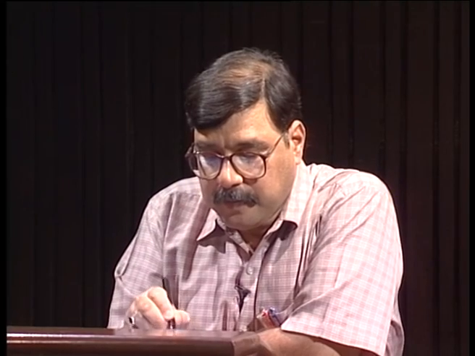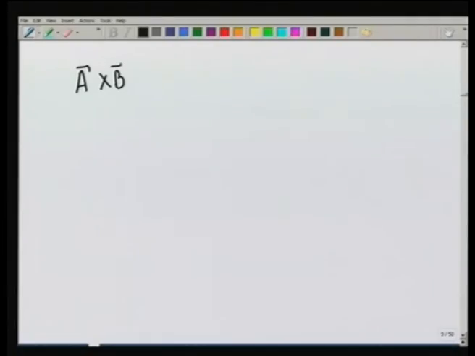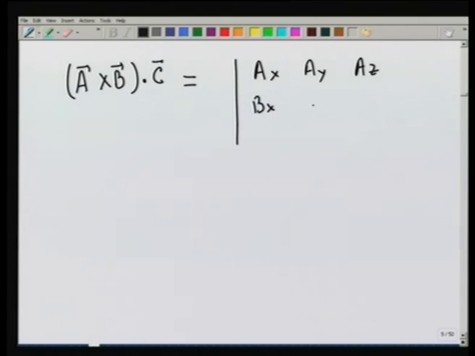Next, we look at A cross B dotted with C. This I leave for you to show is the determinant with rows Ax, Ay, Az, Bx, By, Bz and Cx, Cy and Cz.